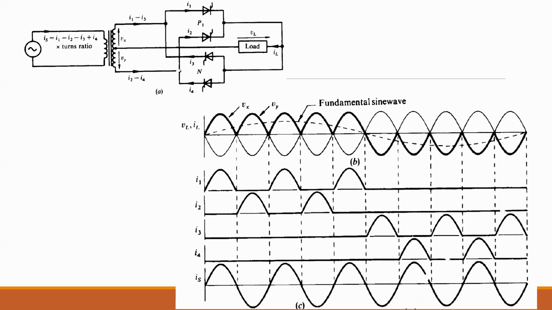We have to turn on the thyristor T1 when the positive of Vx comes, and we have to turn on the thyristor T2 when the positive of Vy comes. So when the Vx positive is here, we turn on this thyristor. T1 turns on, and current will flow.